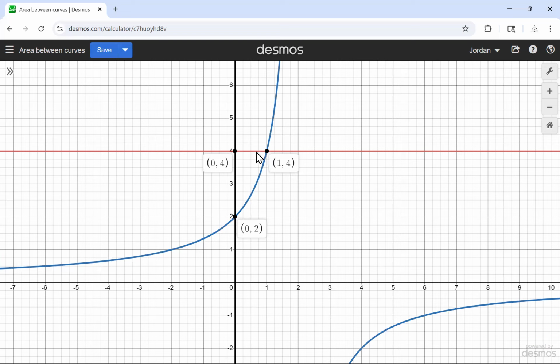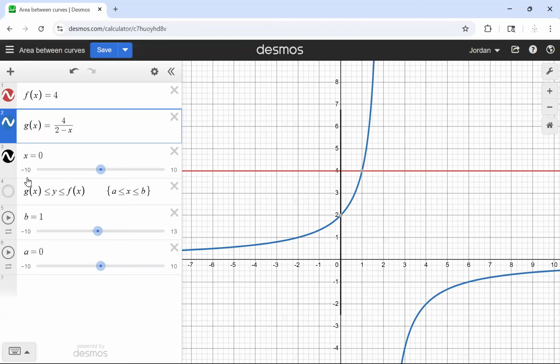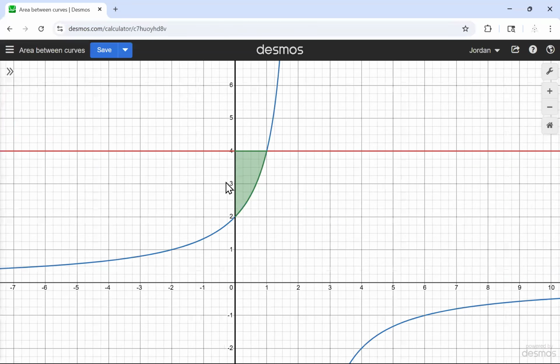In this region, the curve on top is the y equals 4 curve, and the curve underneath is that g of x is equal to 4 over 2 minus x curve. So that's what we need. And again, if we shade it, it's this shaded region here. So we're trying to find the area of this shaded region.